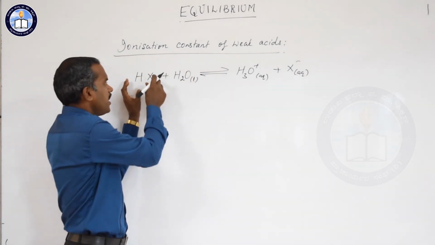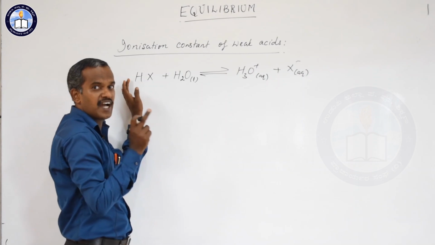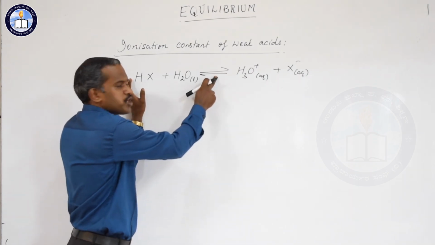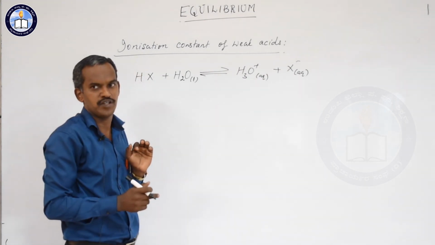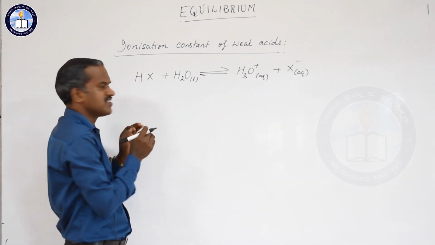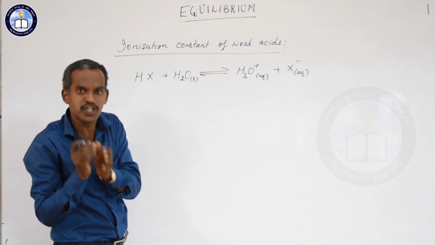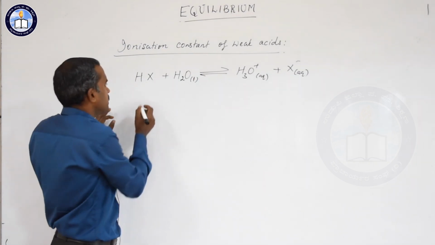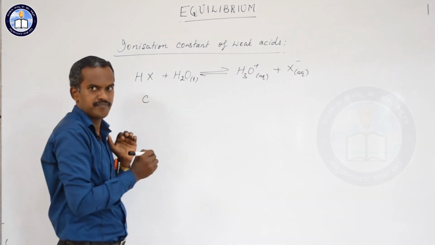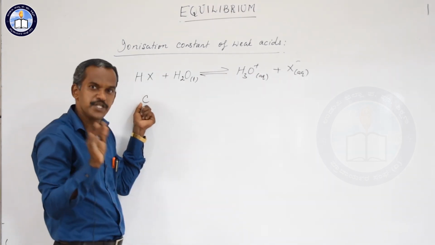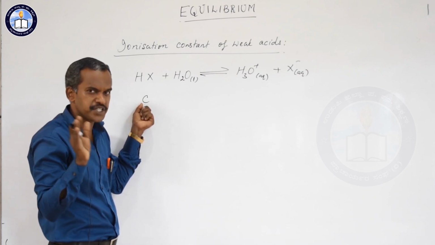So you understood HX, being a weak acid, undergoes partial dissociation in the aqueous medium to form a hydronium ion and X minus. Now what we consider is, at time 0 or at initial concentration, I will consider the concentration of the weak acid as C. What is C? It is the initial concentration or concentration at 0 time.